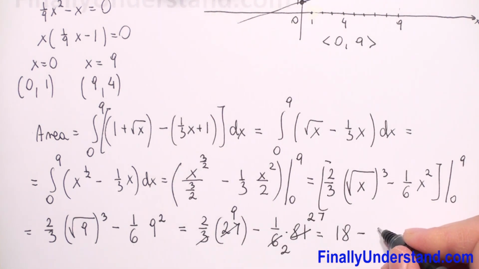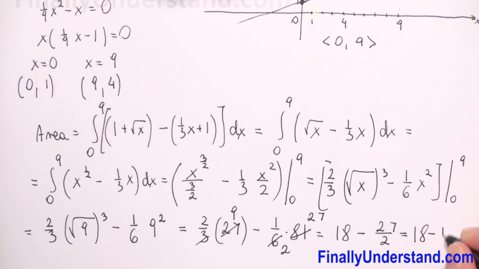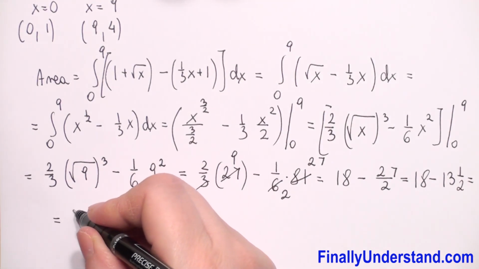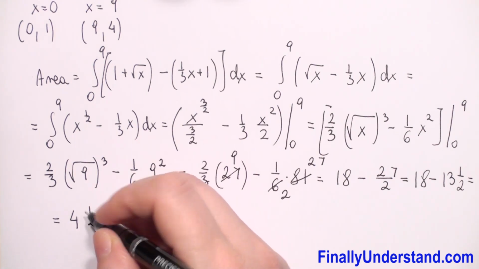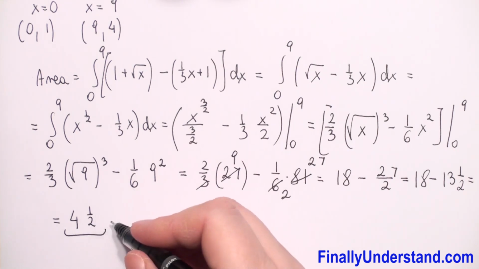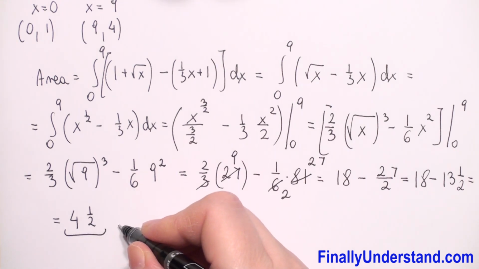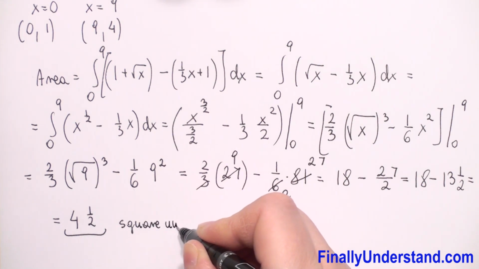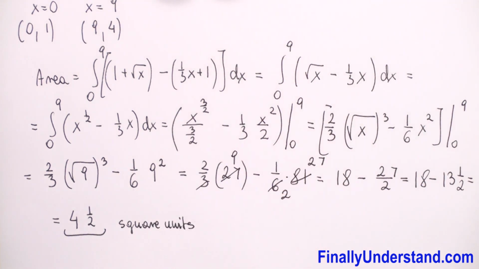So we have 18 minus 13 and 1/2, which is equal to 4 and 1/2. This is our area, and because this is an area, we have to add square units. This is my solution.